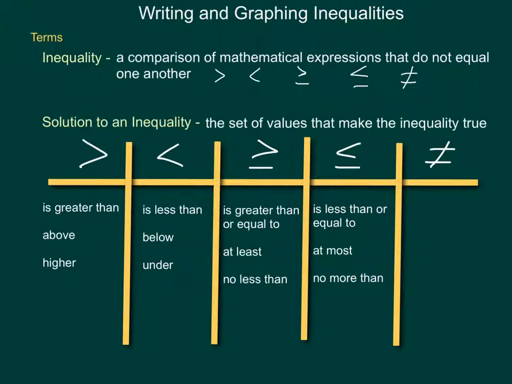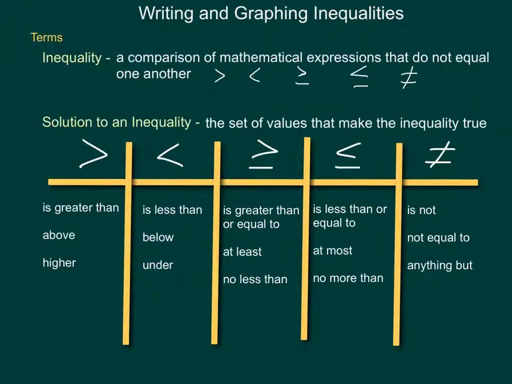Our fifth symbol we don't actually use a whole lot in this level of mathematics in our study of Algebra 1, but it is out there, so this way you have it. This one can be read as is not equal to, or anything but. So if you see these terms and phrases, this will help you to denote those inequalities.